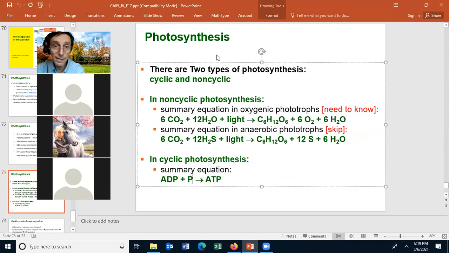All photosynthetic cells can engage in both cyclic photosynthesis, which they do if they need ATP, or they can engage in non-cyclic photosynthesis if they want to make glucose. Is that clear to everybody?